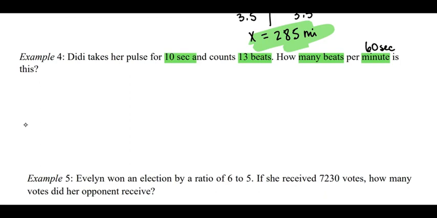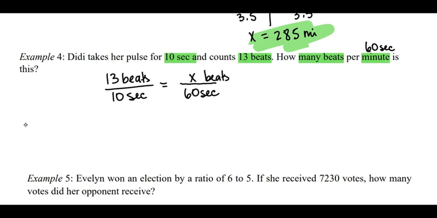All right, so let's go ahead and set up the first one. I'm going to put the beats on top, so I have 13 beats per 10 seconds. So 13 beats over 10 seconds. And then on the other side, I will have 60 seconds on the bottom, because that's where I used my seconds on the left side. I don't know the number of beats. Okay, so we can drop the units now.